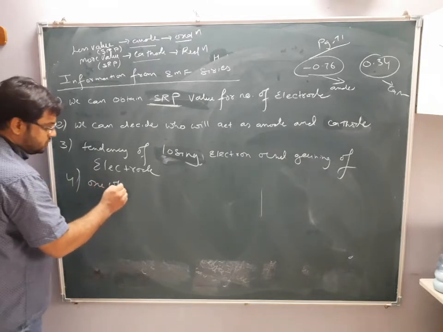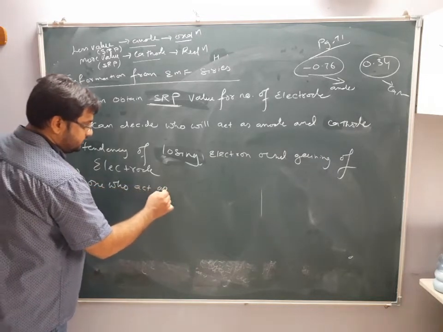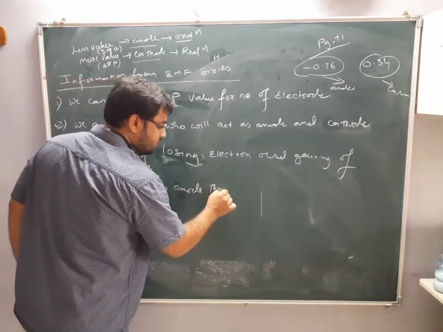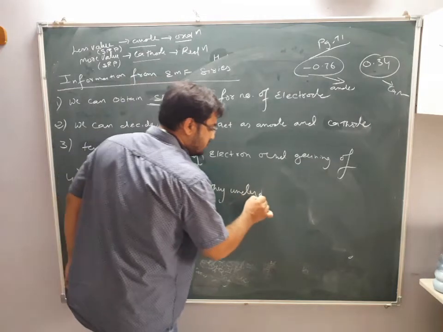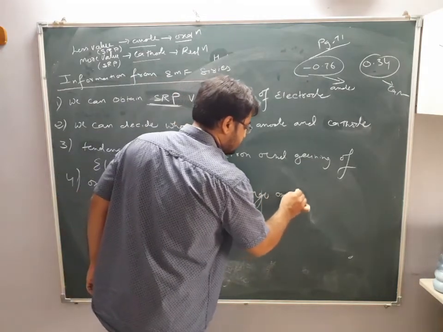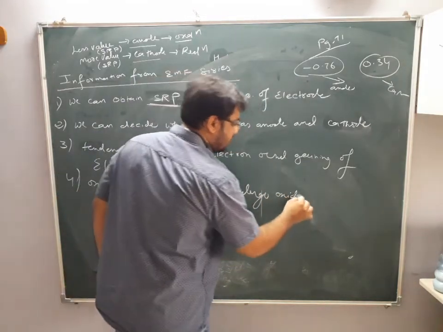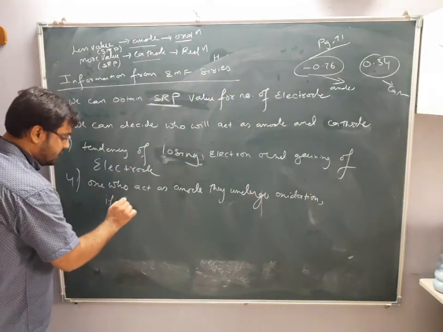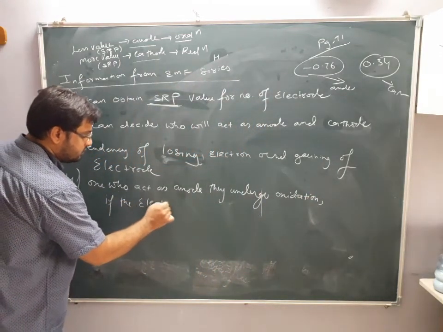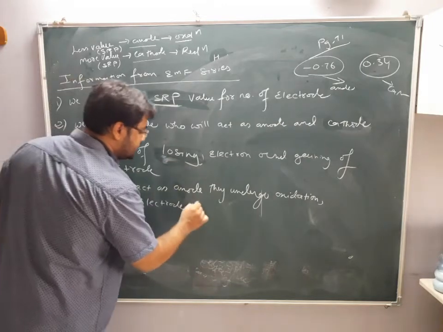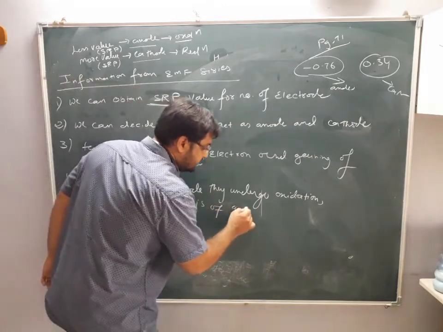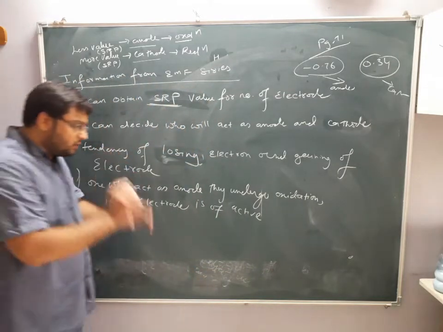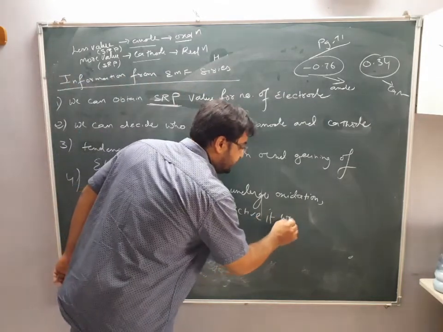Next we can write down, one who acts as anode undergoes oxidation. Yes or no? They undergo oxidation, and we know if the electrode is of active metal, it will dissolve if it is anode.